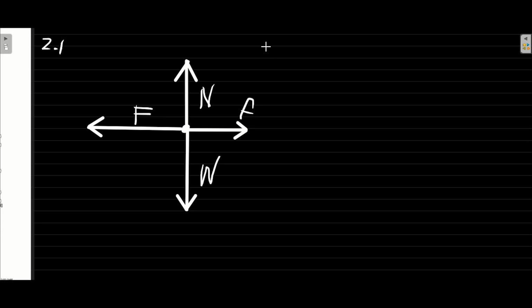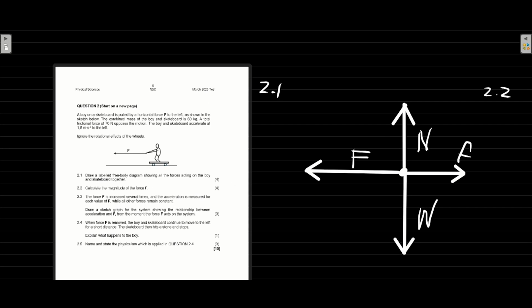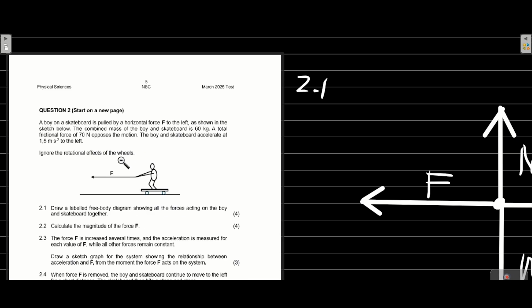So for 2.2, they want to know what is the value of F. Now, if you go back to the information, you'll realize that certain things were given to us, and they'll also help us in finding the value of F.